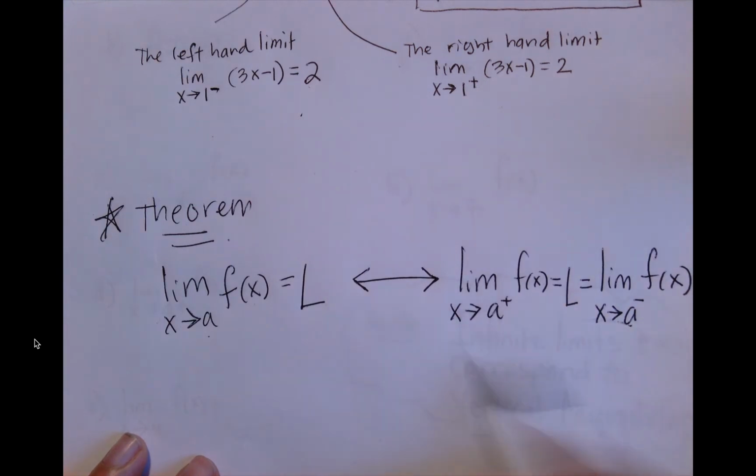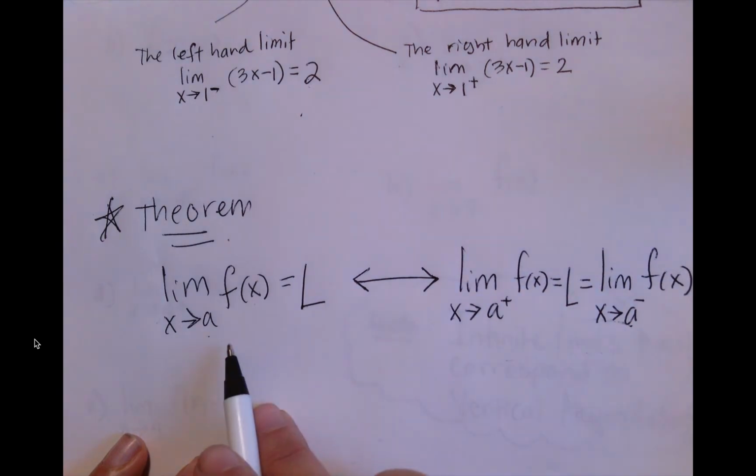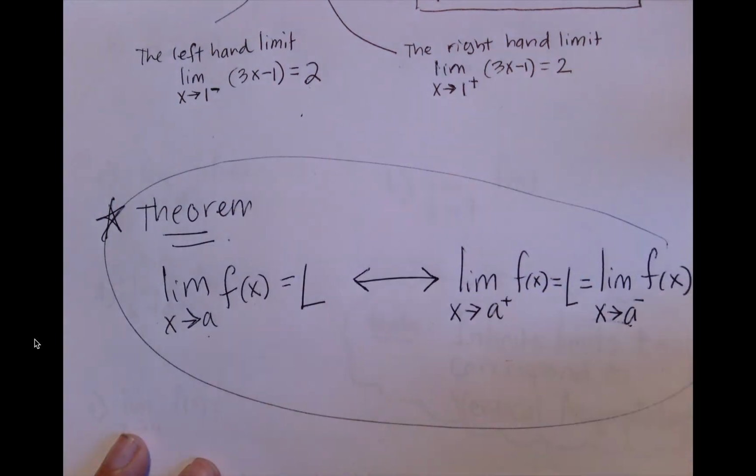And if these limits are equal and they exist, then our limit also exists. So these things go together.